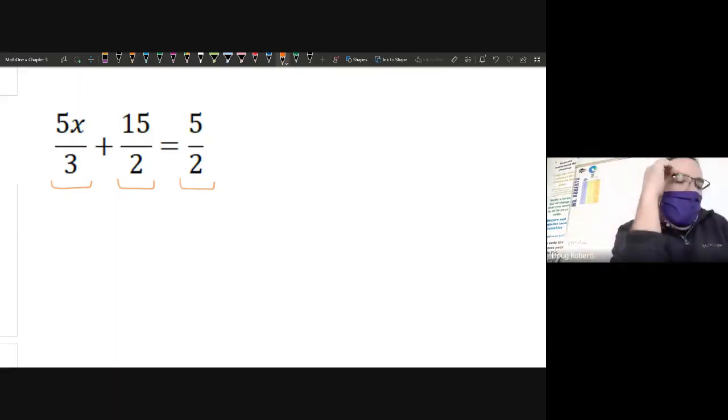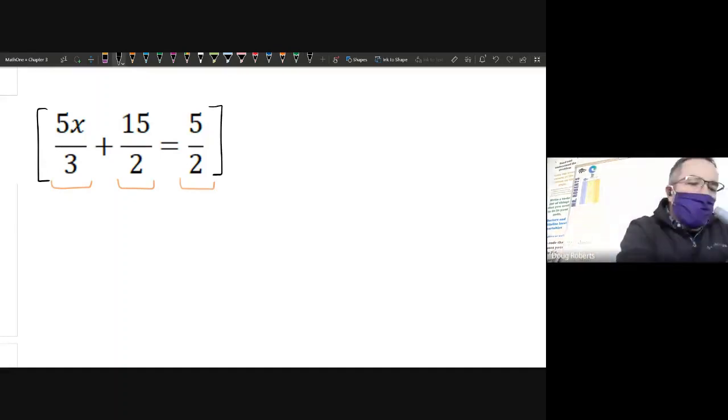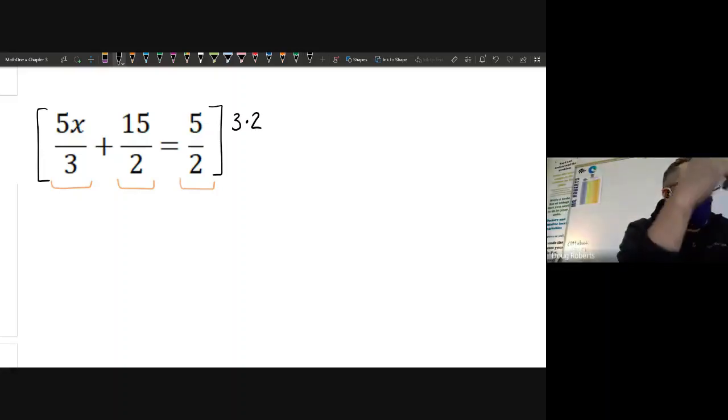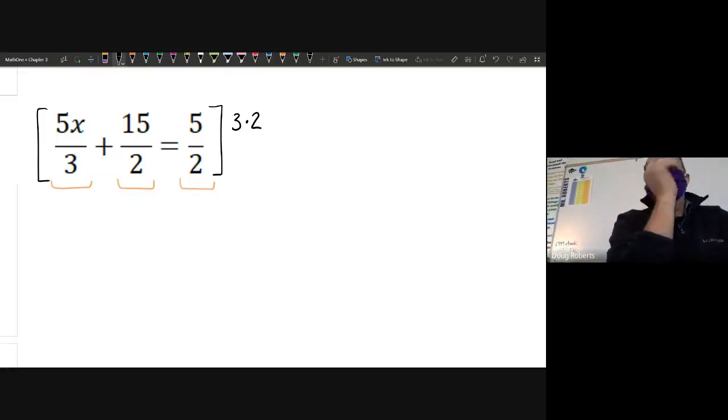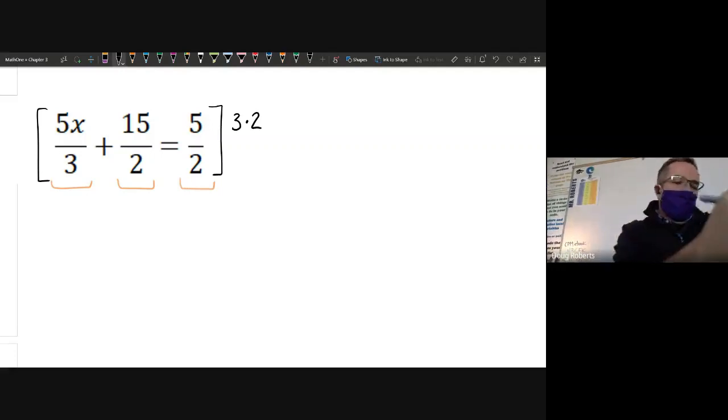The reason why I point that out to myself is because I know if I choose to push across factors to all of those terms, I have to make sure each one of them gets these new factors. I am going to push across the factors 3 times 2, 3, 2, and not the 6, because if I push 3, 2 across and put that in all the numerators, it's going to make it easier for me to identify ones that I can get rid of.